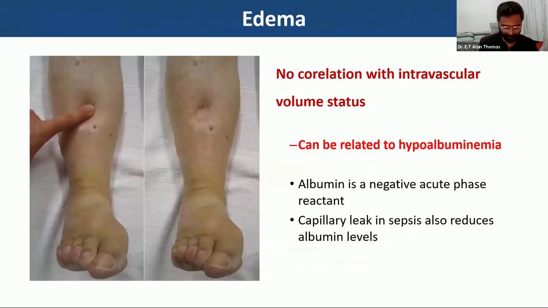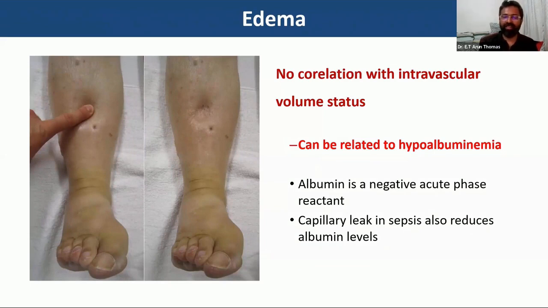For example, edema. A patient with septic shock or sepsis in your ICU, BP is very low. If you check, the patient may have edema. So if you go by clinical, I will tell the patient is having fluid excess, volume excess. Don't give much fluids.